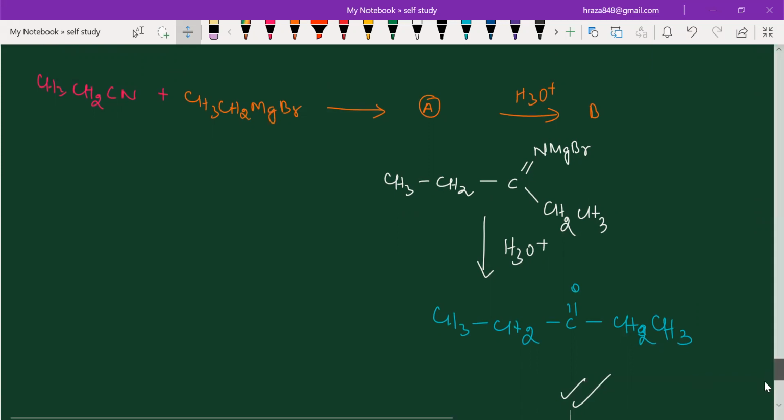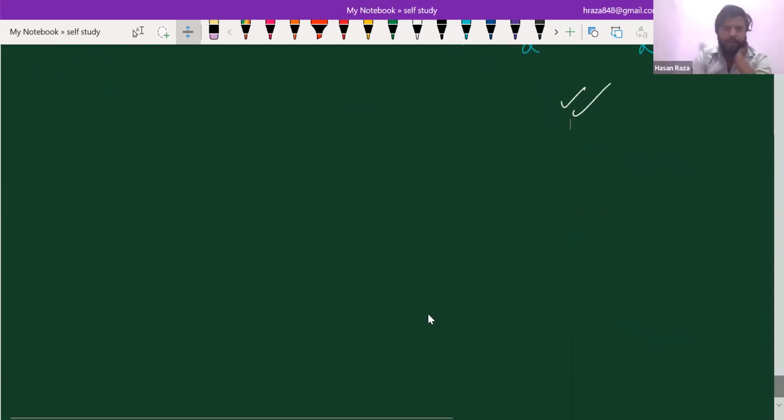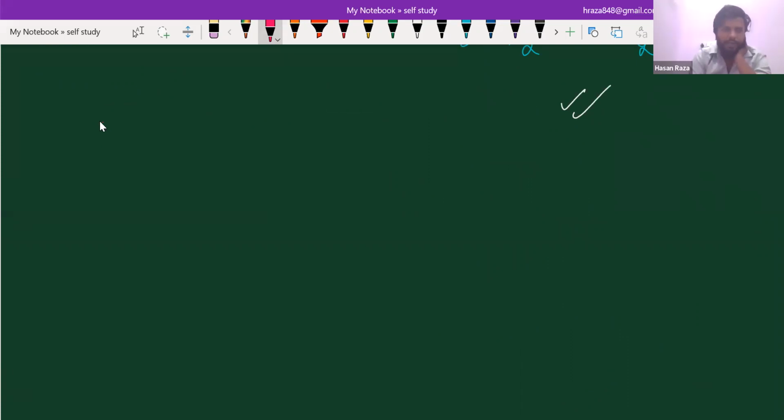Okay. So just suppose before hydrolysis we have this C double bond N, and this is your CH3, and this is your C6H5. You also know that this is your MgBr, and nitrogen will have a lone pair.